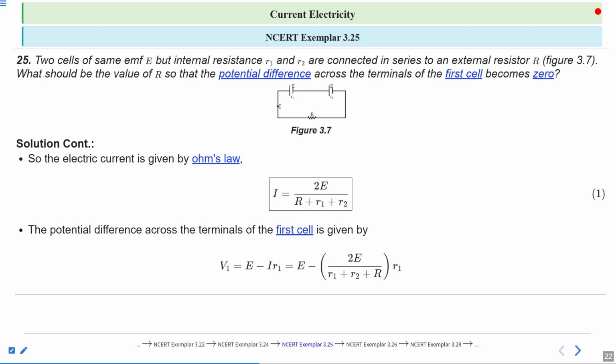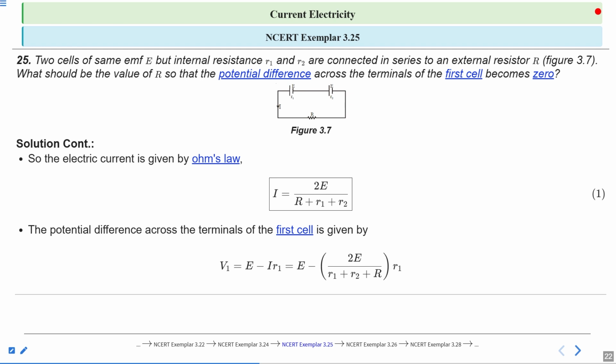When we are going to use the terminal potential difference, potential difference across the terminals is also called terminal potential difference. It is always less than or equal to EMF. It is equal to the EMF when there is no current being drawn from the cell or cell is not being used. We have discussed it in detail.